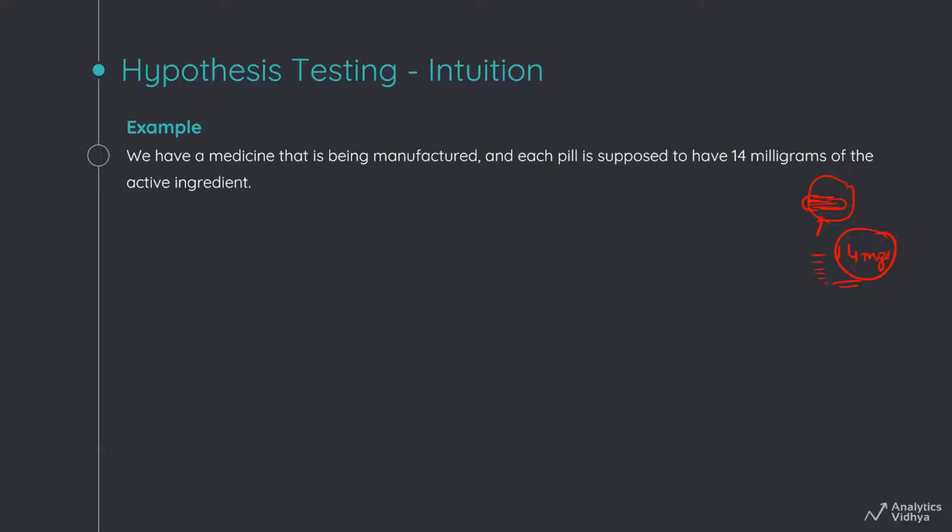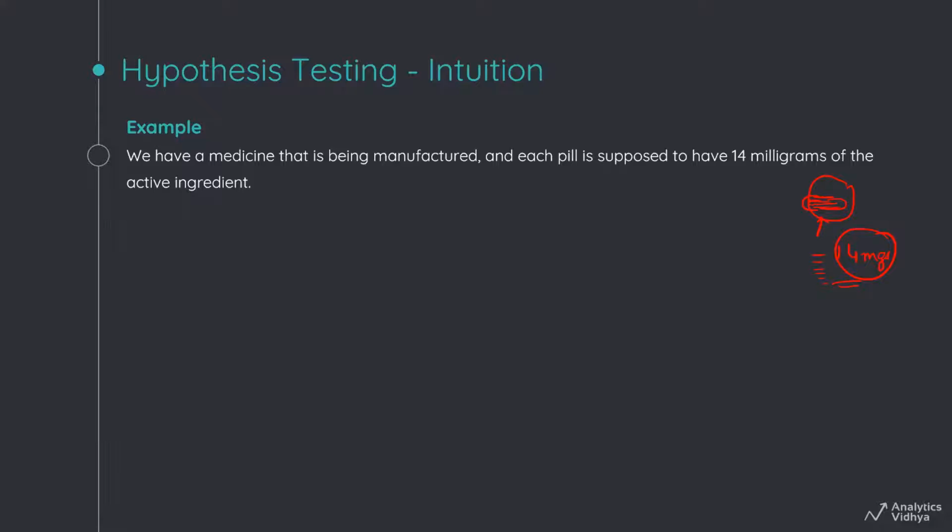Is it 13.95 milligrams in the pill? If there's a difference from 14, is it acceptable or not? We need to be very confident about this because when the drug is given to a patient, if the active ingredient is off, it would either cause side effects or not work on the illness.